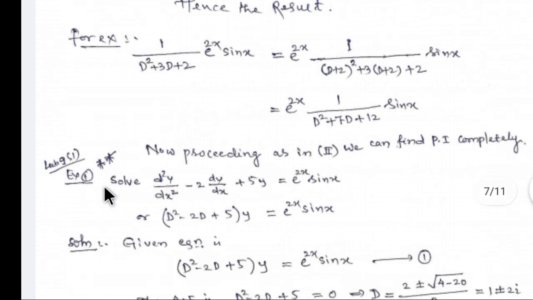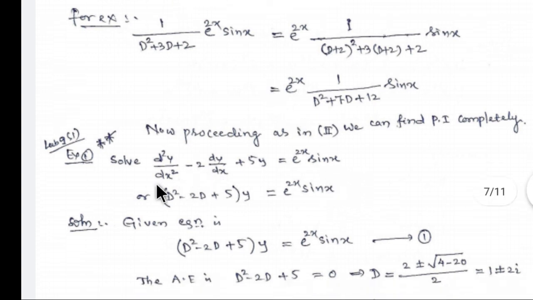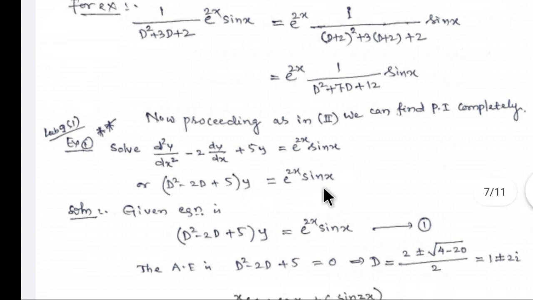If you take one example, solve d square y by dx square minus 2 into dy by dx plus 5y equal to e raised to 2x sin x. Same function I have taken here. This can also be given in the symbolic form, D square minus 2D plus 5 into bracket y equal to e raised to 2x into sin x.